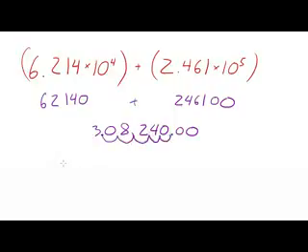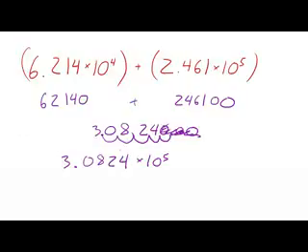So basically, your final answer is 3.0824, you can forget about all these extra zeros, times 10 to the fifth. So that's your final answer: 6.214 times 10 to the fourth plus 2.461 times 10 to the fifth equals 3.0824 times 10 to the fifth.